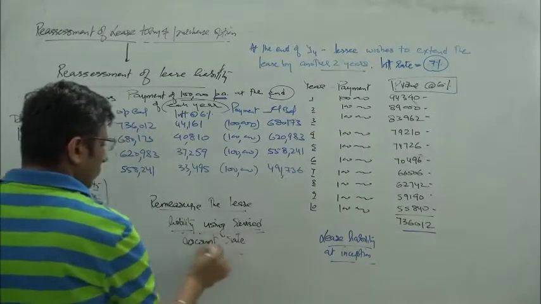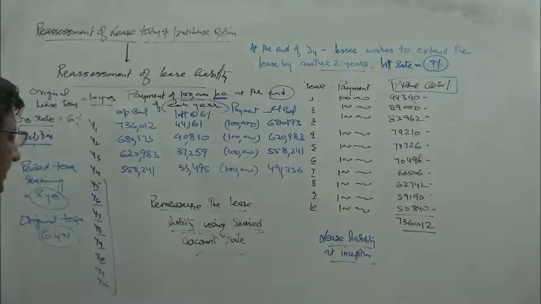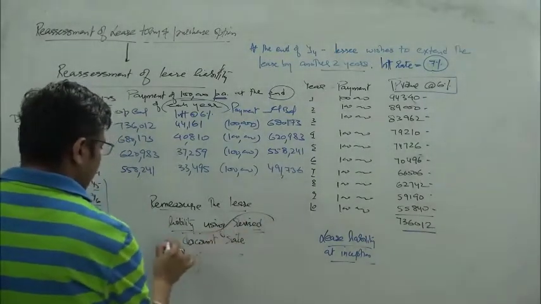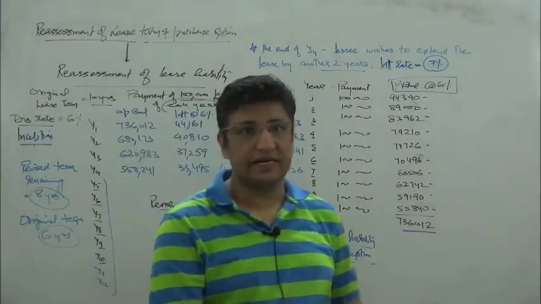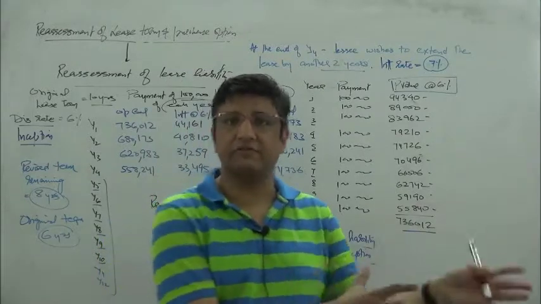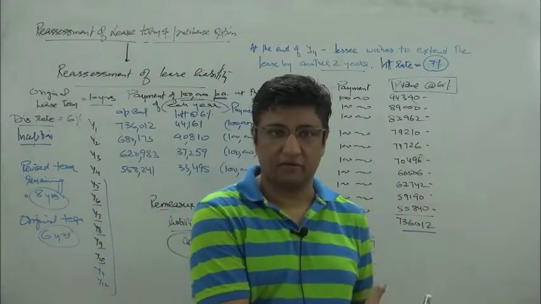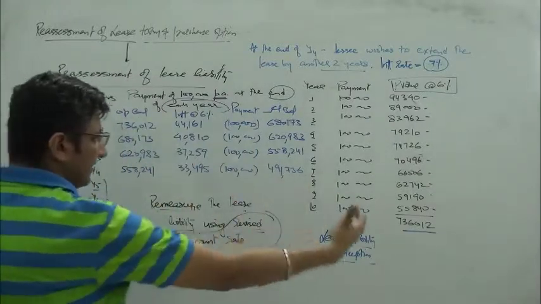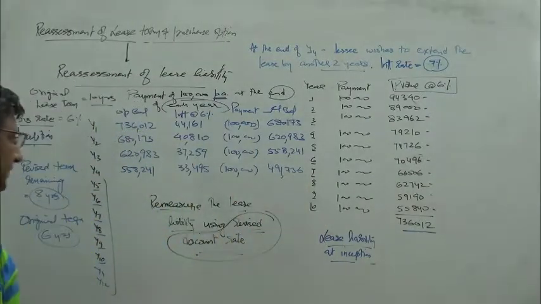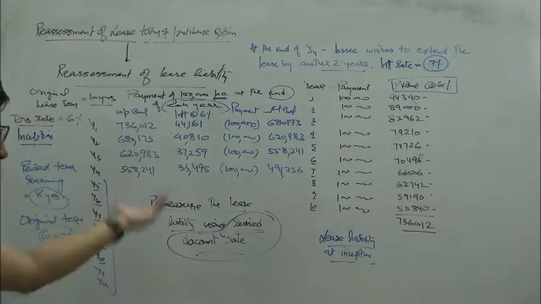The whole objective of using the revised discount rate is to bring into perspective as if you are getting into a new lease and getting away with the earlier lease now. Well, that's not exactly true, because you are in a way modifying the lease, not creating a new lease arrangement independent of the previous one.